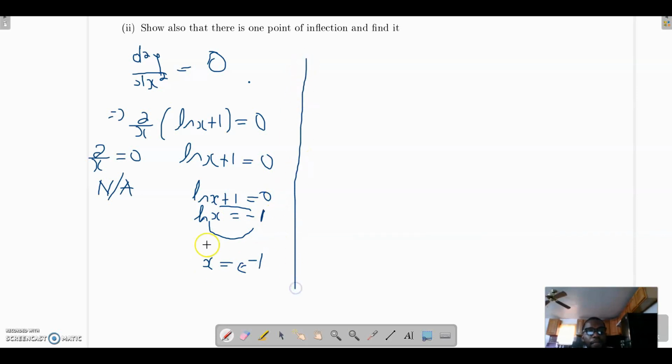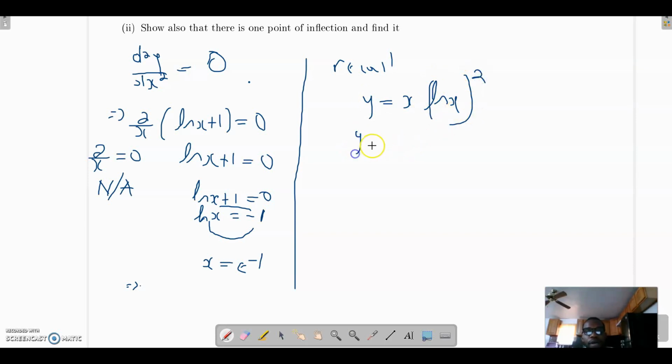Now, we can say, therefore, this would imply the function has only one turning point, because we have only one x value here. Alright, we need to find the corresponding y value. So we're going to say, recall, y was equal to x ln x all squared.